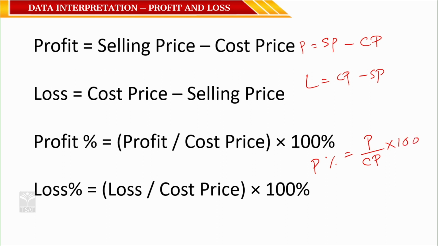Clear? Okay. Then what is loss percentage? Loss percentage means how much loss you incur, here also with respect to cost price into 100. So, this is about profit percentage and loss percentage, clear. In both cases we will consider the cost price only, not the selling price.